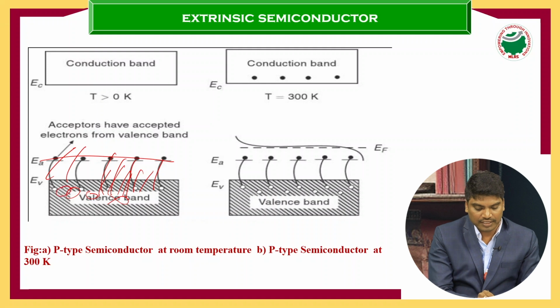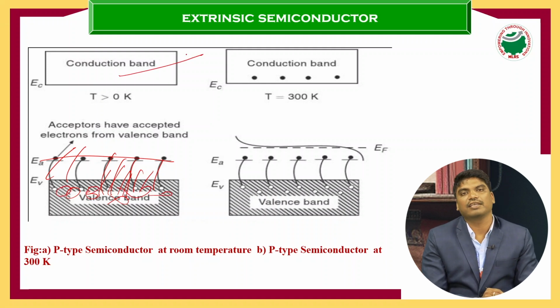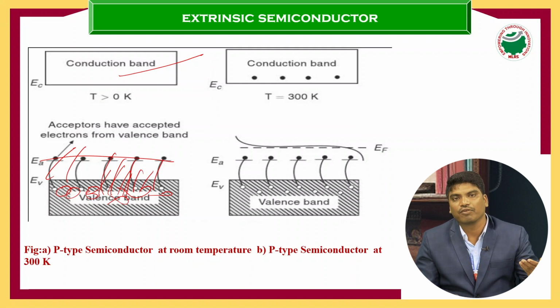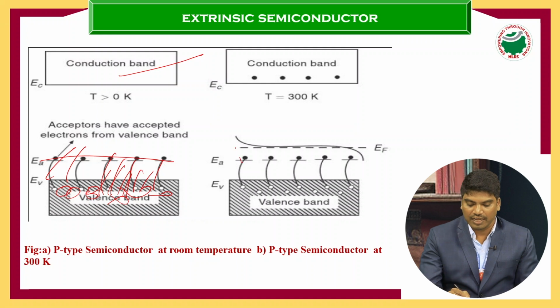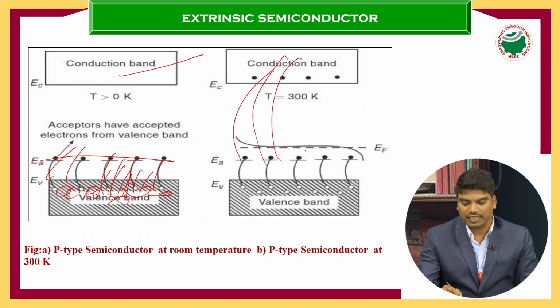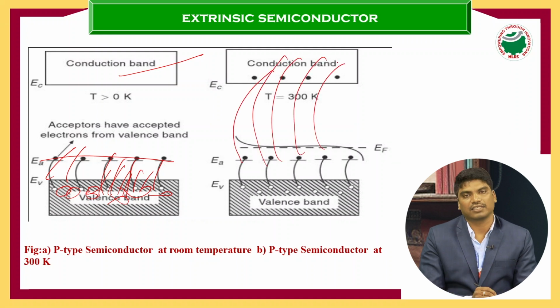Even though some vacancies are created in the valency band, the number of electrons in the conduction band is 0. After that, if I increase the temperature a little more, electrons move from the acceptor energy level to the conduction band.